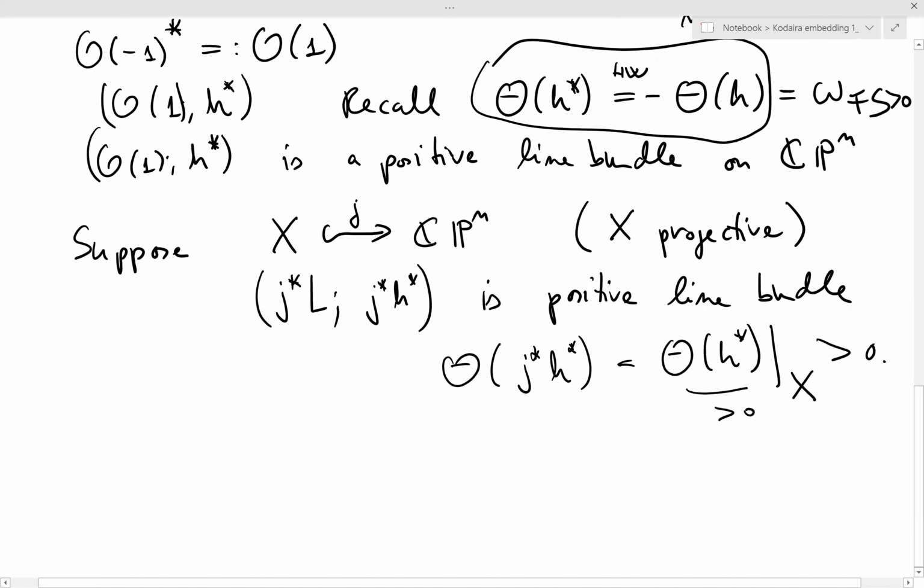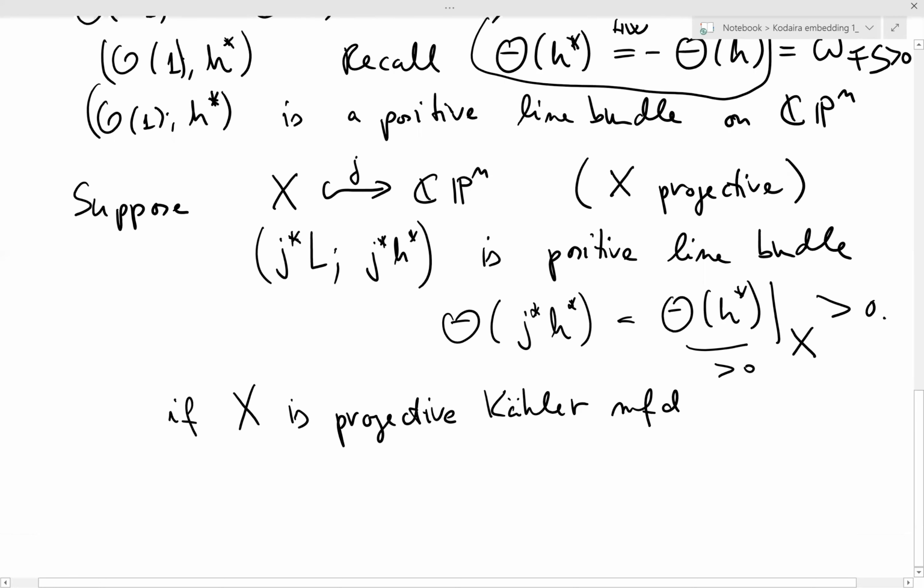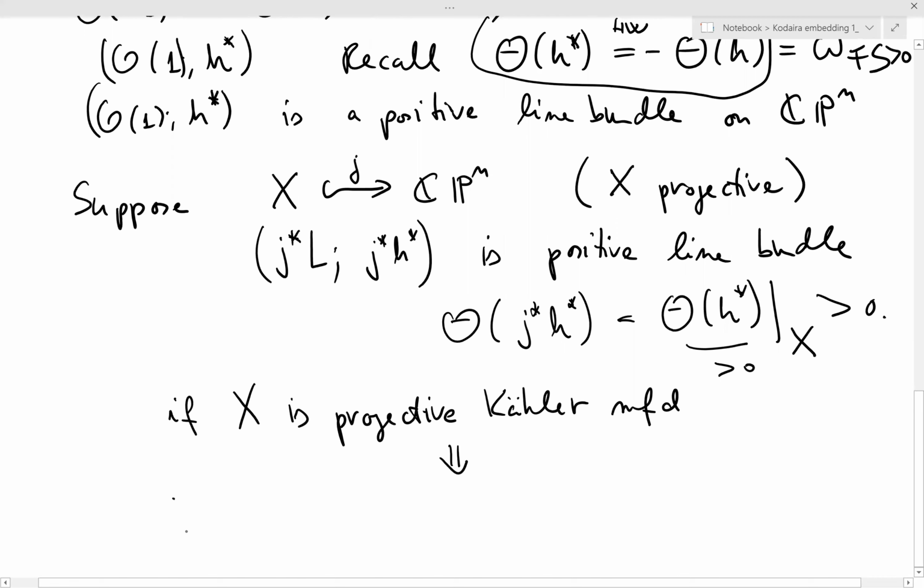So in particular, you know that if X is a projective Kähler manifold, so again, a Kähler manifold that embeds into a copy of CP^n, then there exists a positive line bundle L on X.